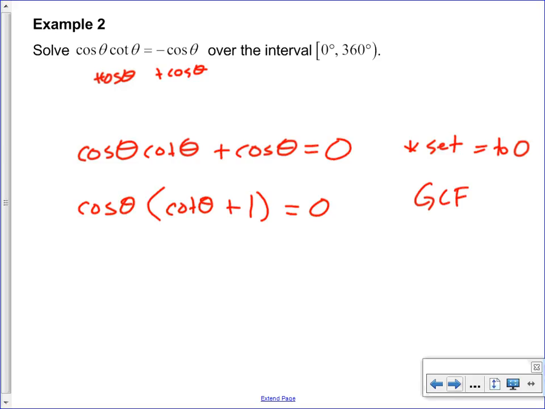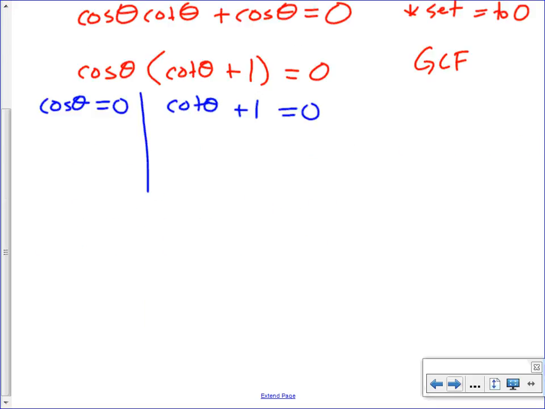After you factor, you have 2 possibilities. Either cosine theta is 0, or cotangent plus 1 is 0. Because after you factor, you set each factor equal to 0 itself.